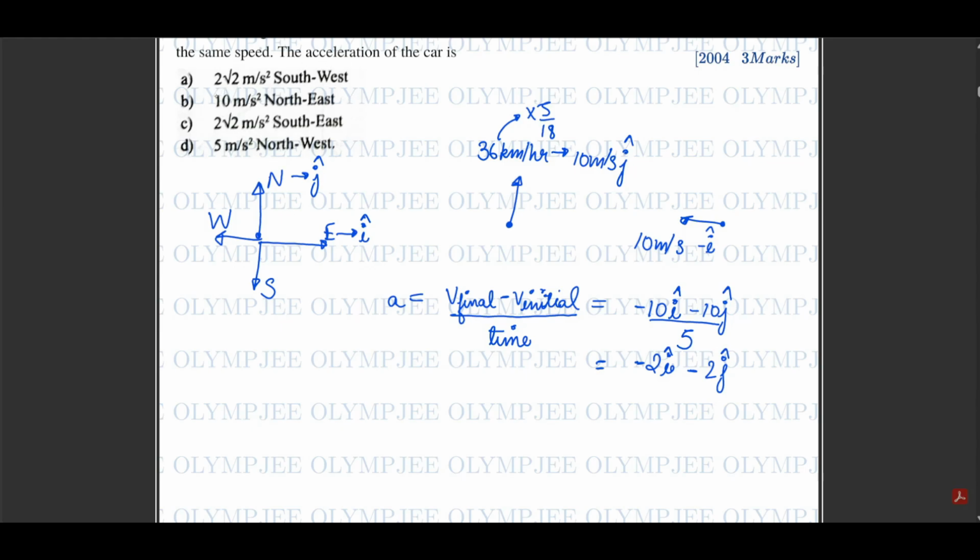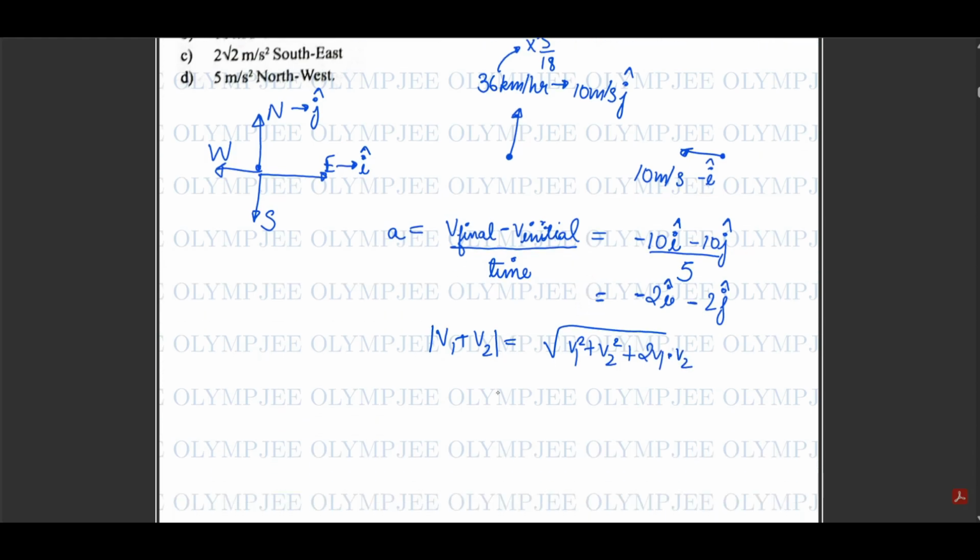They contain it in the form of magnitude and then direction. So magnitude can be given by the formula: modulus of v1 plus v2 is given by root of v1 square plus v2 square plus 2 v1 dot v2. The modulus of this thing will be root of 4 plus 4 plus 0, because i dot j is 0.